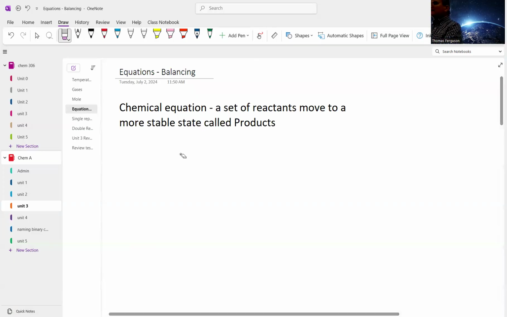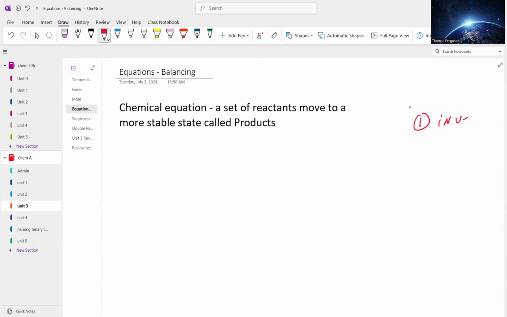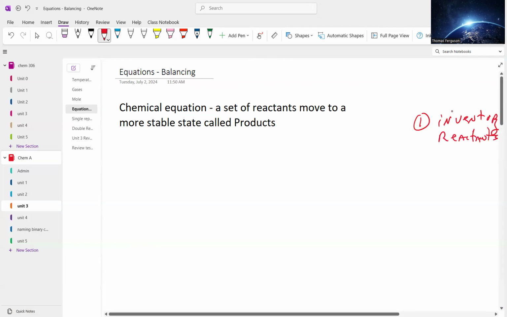What happens is things are not going to be taken apart mass-wise. They're going to be taken apart via inventory of atoms. So the first thing we're going to do is inventory what we're starting with. And we start with reactants.